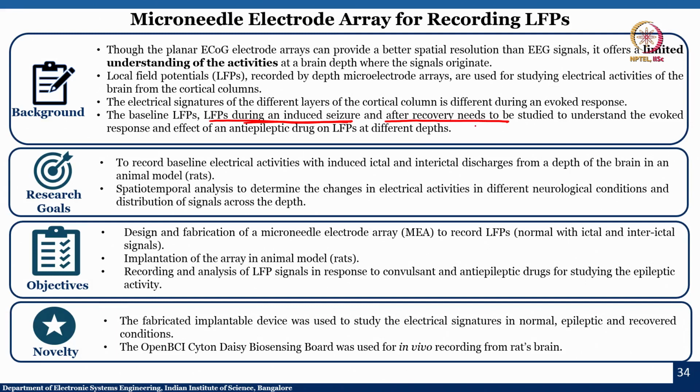First is a baseline, then the ECoG during the induced seizure, and the signals that you obtained when the recovery has occurred. So, all this needs to be studied to understand the evoked response and the effect of anti-epileptic drugs on LFPs at different depths, correct, because only then will we know how effective the AEDs are or not.